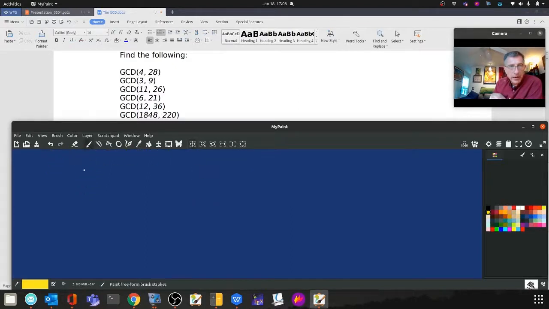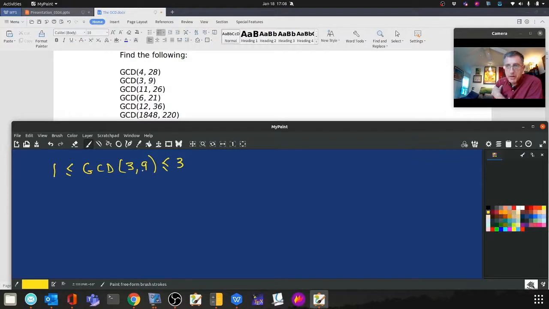Now let's find the GCD of 3 and 9. Now notice that 3 is a prime. So again, I always know that it's greater than or equal to 1 and less than or equal to 3.